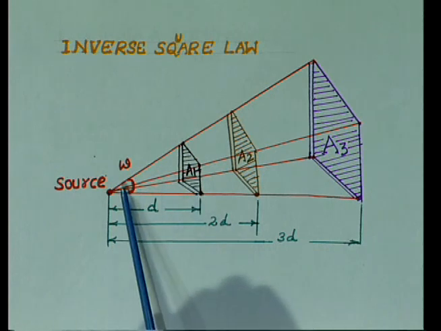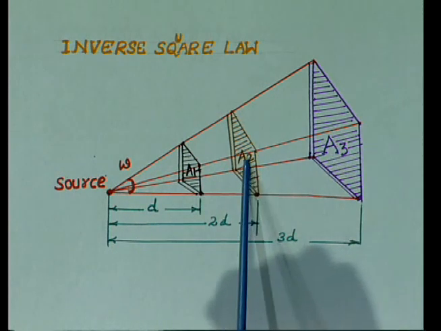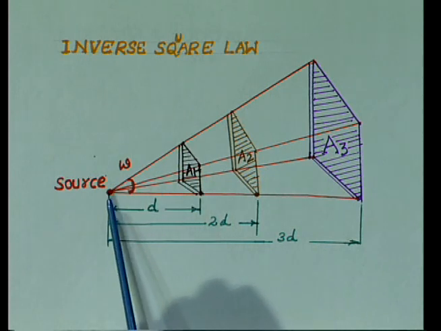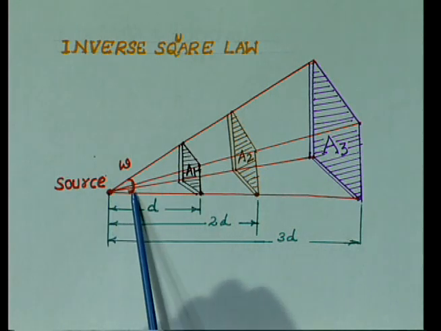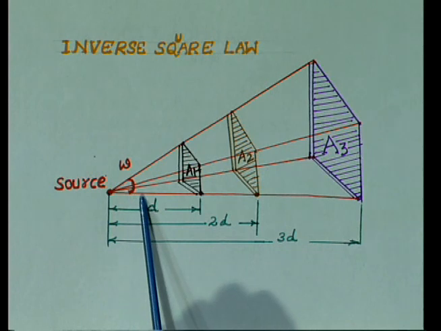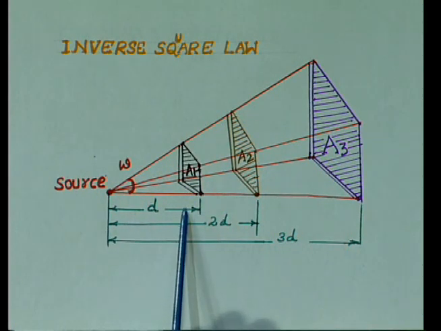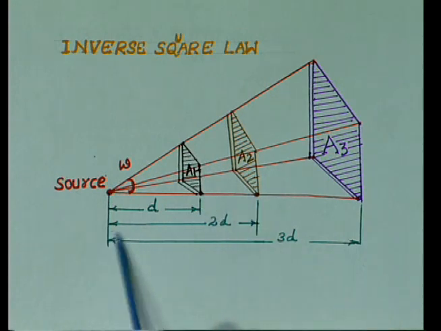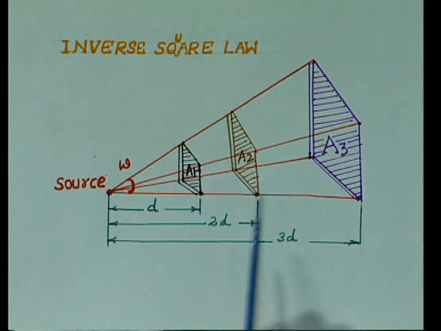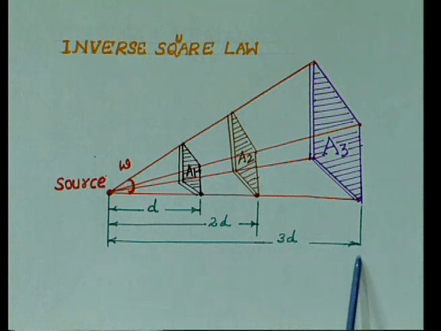Now, these areas are making an angle with the source, that is called omega. The omega is nothing but a candle power. We have seen the candle power is denoted in solid angle, solid angle is denoted as omega, and area 1 is having a distance of d meters from the source. Similarly, area 2 is having a distance of 2d meters, area 3 is having a distance of 3d meters.